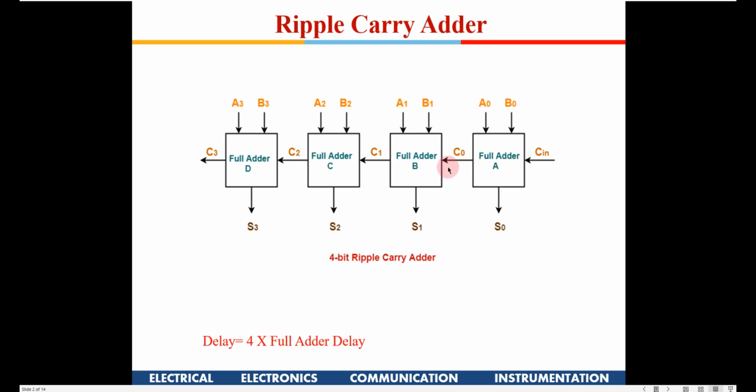We saw how to design a ripple carry adder in one of the classes a few weeks back, where we designed a combinational full adder. So if I have to add 4 bits, I can have 4 full adders, and we also saw that the carry will be propagated from one adder to the other like this, so the total delay will be 4 full adder delays, because the carry has to come from here to here, here to here.